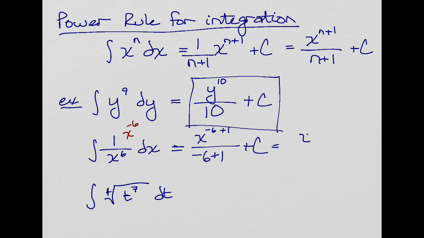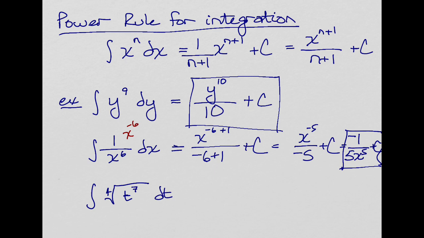This is x to the negative 5 over negative 5. And let's not have negative exponents. Negative 1 over 5x to the 5th. Squish my constant in there. It is so important that it is worth squishing it in.